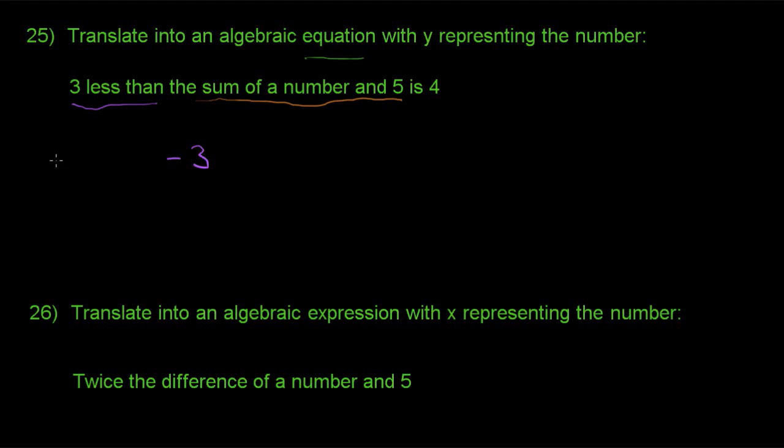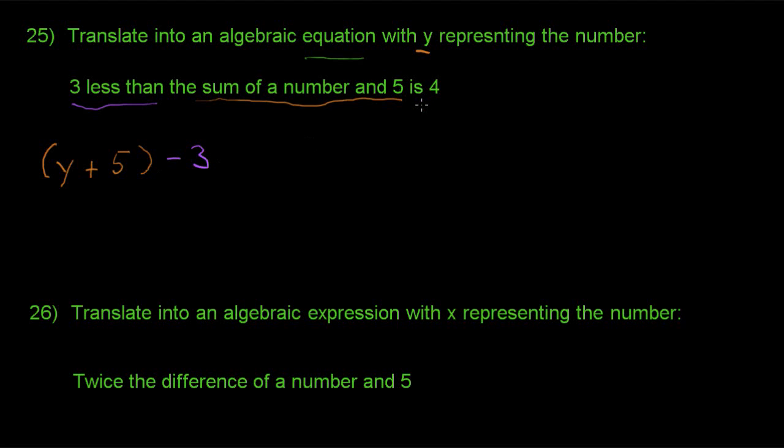Okay, so we want to subtract 3 from a sum where one of the terms is the number, and remember y represents the number, so we want to put in a y in place of the number, and then sum means add, and then 5.